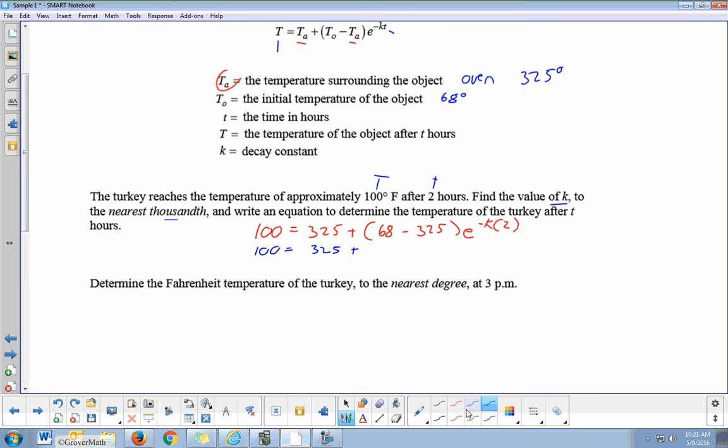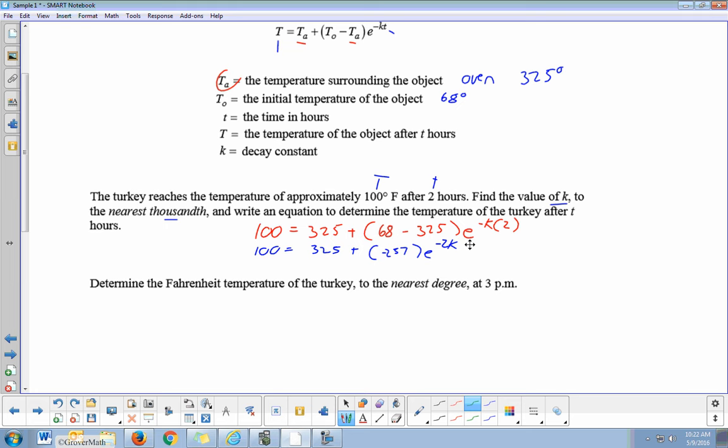So plus negative 257 times e, and instead of negative kt, I'm going to put the negative on the 2: negative 2k. Because these are three things all being multiplied, it's like negative 1 times k times 2, so I can rewrite it like that. You don't have to, but I think that will make things a little bit easier.